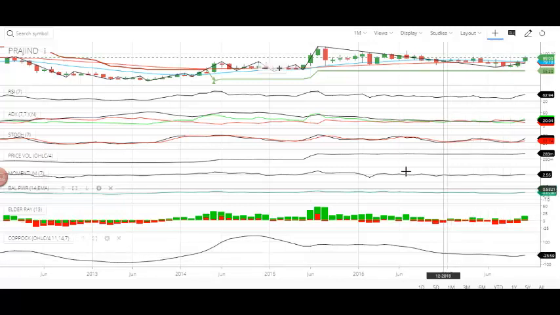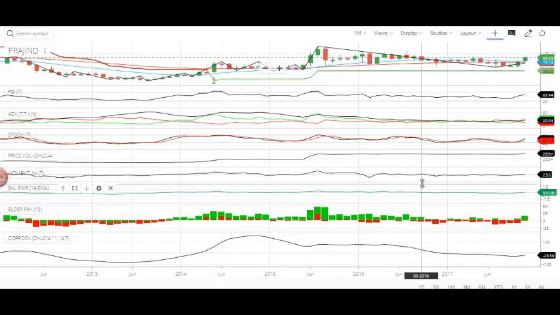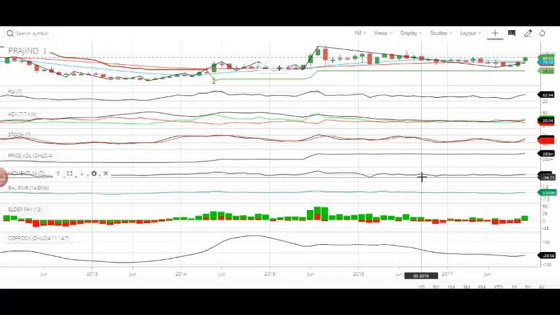Now we are getting mixed signals here. RSI is okay, stochastics is somewhat okay. Momentum is completely down, and direction strength is also completely down, and Coppock curve is yet to show the signal. But initially, it is showing some signs that the stock is about to enter into the buy mode. Now, Praj Industries is into infrastructure related stuff.